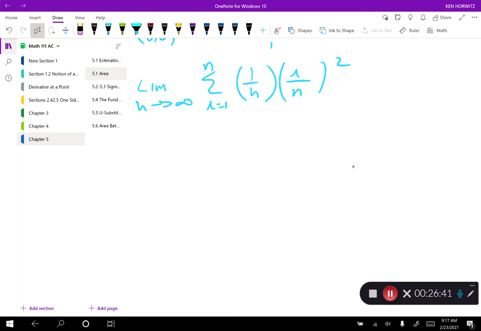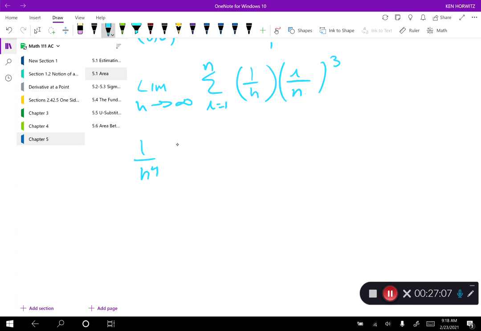We're probably going to need some of the formulas we wrote out before. Of course, this should be a cube, not a squared. If I cube this, I get n cubed on the bottom times n. So I'm going to pull out my constant, 1 over n to the 4th.